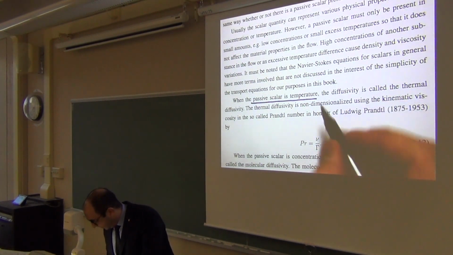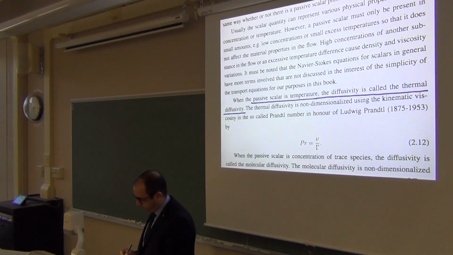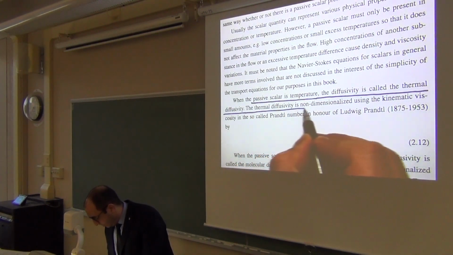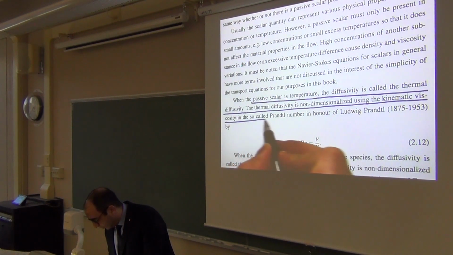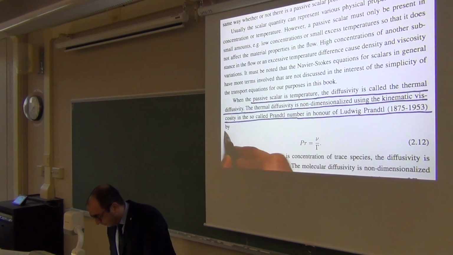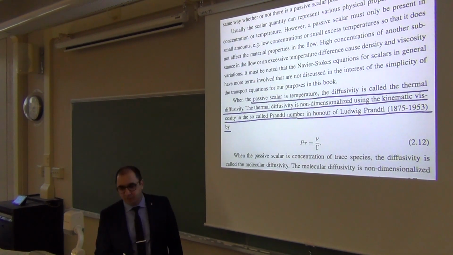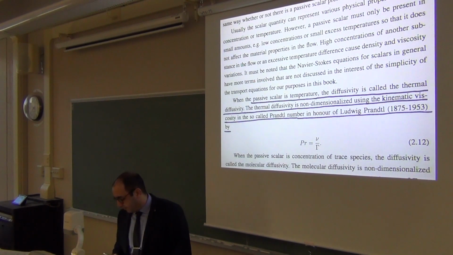The diffusivity is called the thermal diffusivity. Okay? And it's non-dimensionalized using the kinematic viscosity in the so-called Prandtl number, in honor of Ludwig Prandtl. Ludwig Prandtl was the grandfather of boundary layer theory. He's a German engineer. And he came up with this.